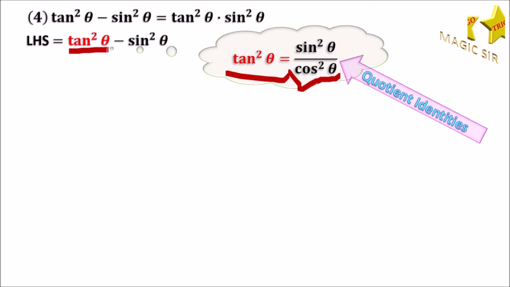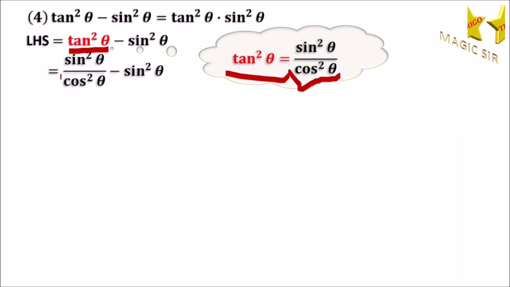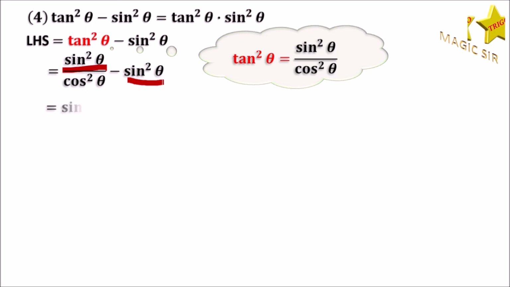So we can replace tan square theta with sin square theta upon cos square theta. Here sin square theta is a common factor. Now see the animation.